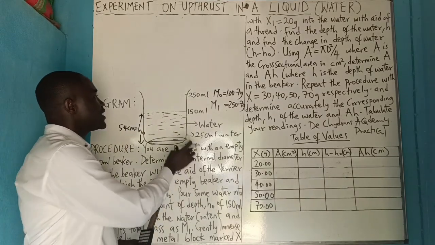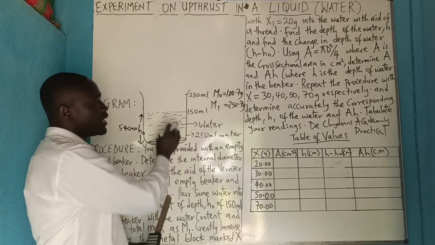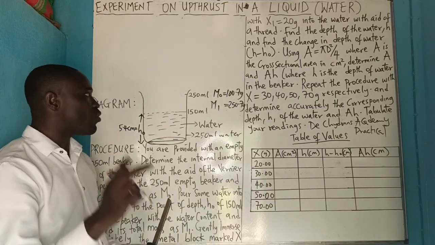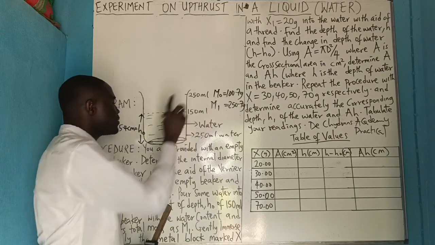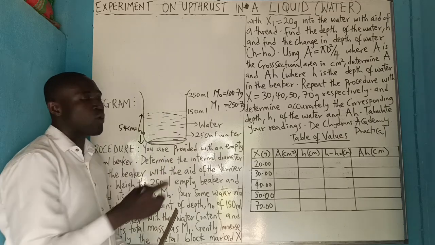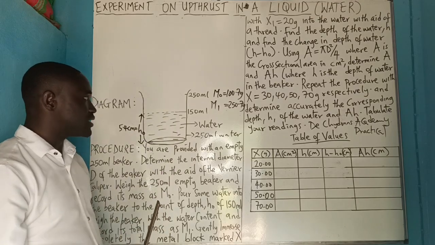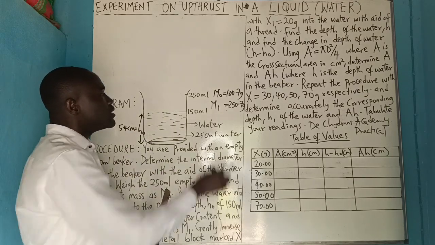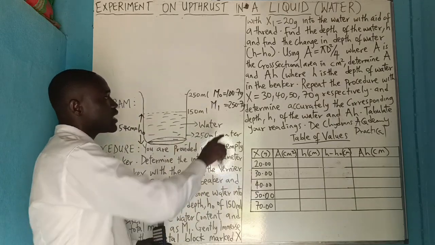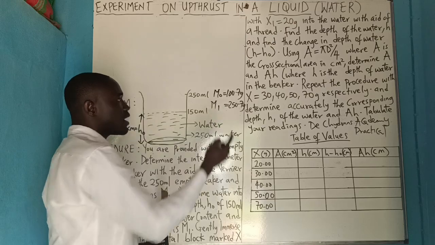Okay, we have succeeded to get the mass of the empty beaker to be 100.7 gram. So two things are what you just need: the mass of empty beaker and the height of the 150 ml water given to you. Are you getting it? Next they say we should get the mass of the empty beaker with water, and we say it's 250.7 gram.